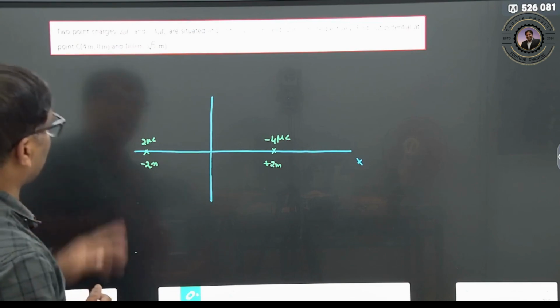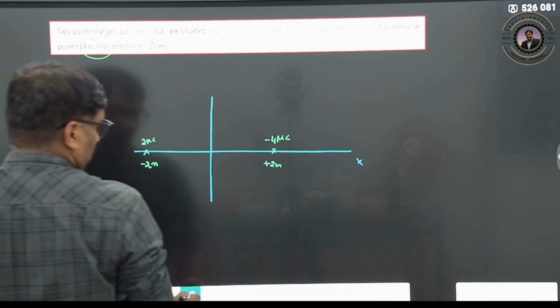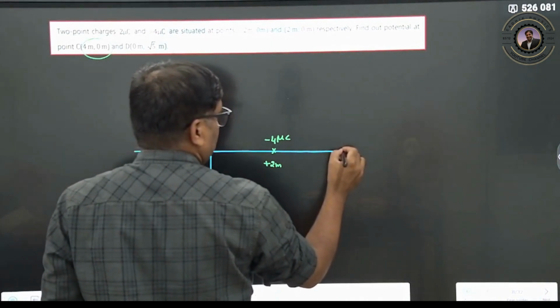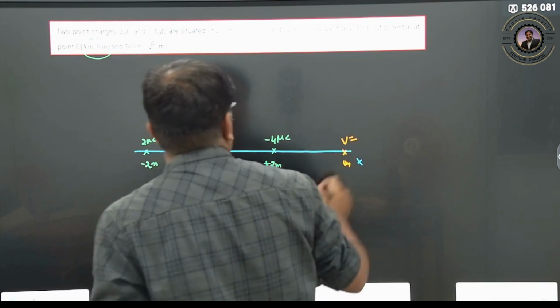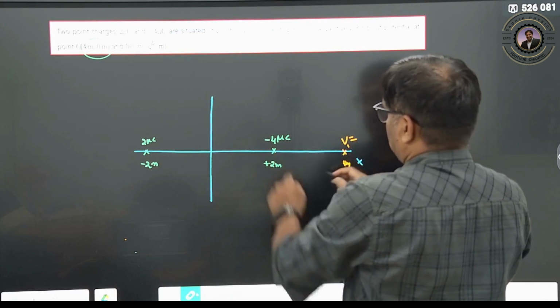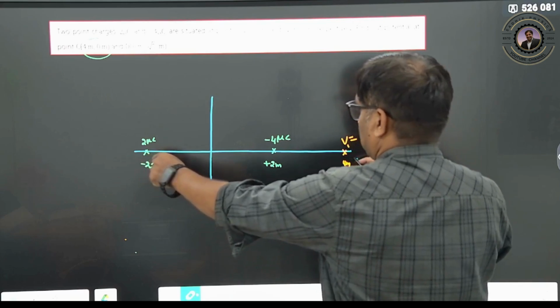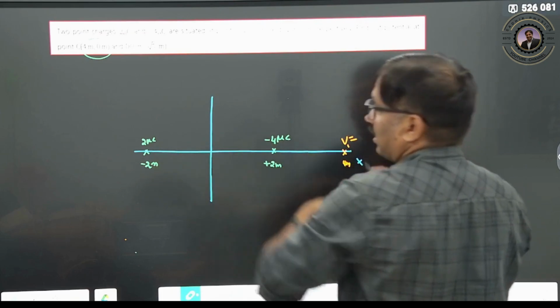The first one is asking the potential V1 at 4 meters. From the minus 4 microcoulomb charge, the distance is 2 plus 4, totally 6 meters.